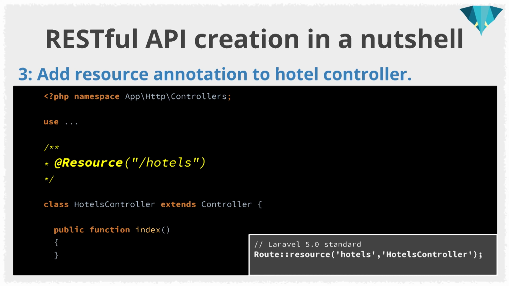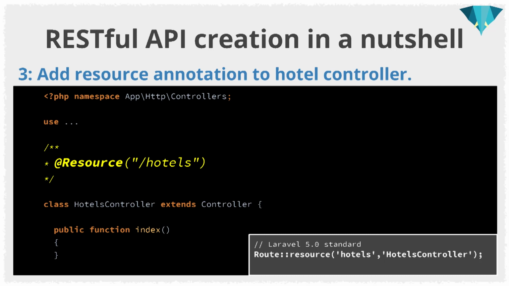We add to the class the doc block annotation, resource hotels. Now, we've turned our controller into a resource. This will give us the basic CRUD operations and allow us to add in the methods that we need.